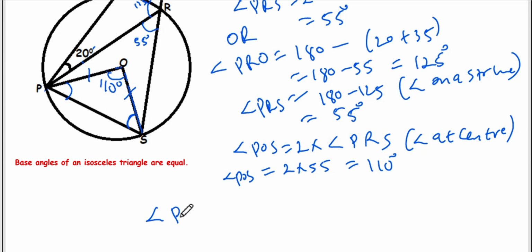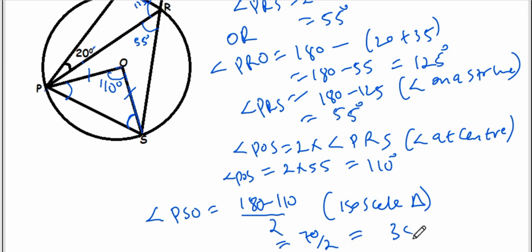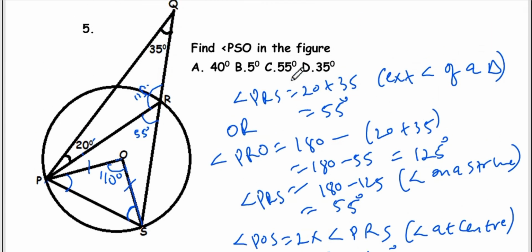So angle PSO is equal to 180 minus 110 divided by 2. That's an isosceles triangle. So that becomes 180 minus 110, that's 70. 70 divided by 2, that's 35 degrees. So our angle PSO is 35 degrees, option D.